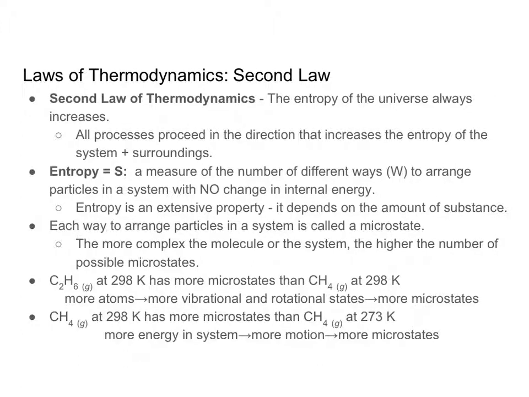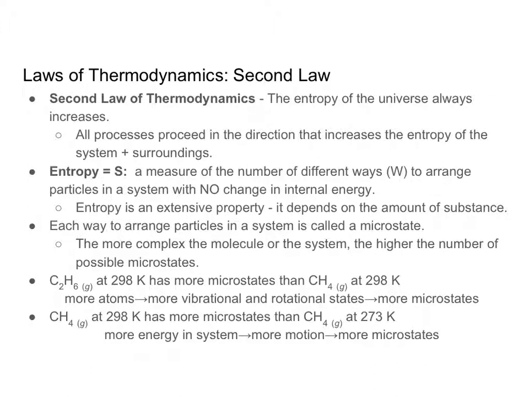More atoms, more vibrational and rotational states, more microstates. Whereas methane at 298 Kelvin has more microstates than methane at 273 Kelvin. More energy in the system, more motion of the particles, more microstates.